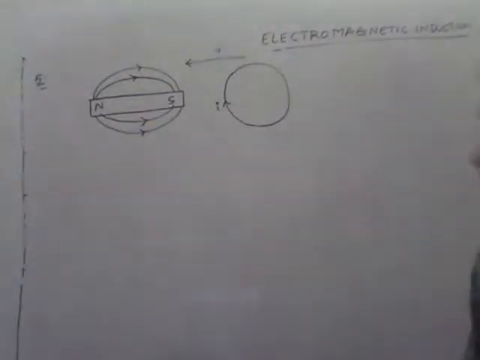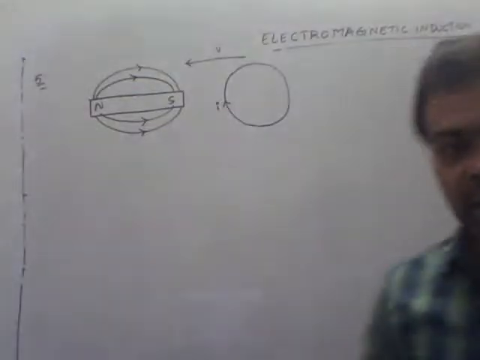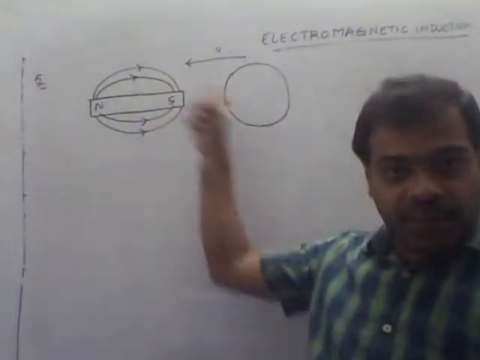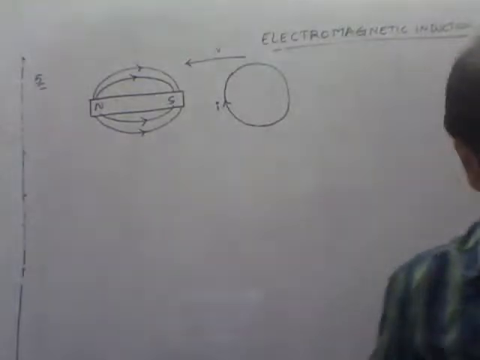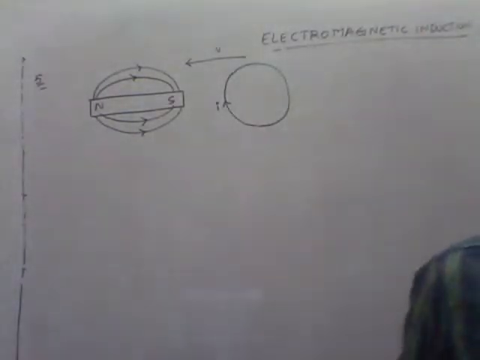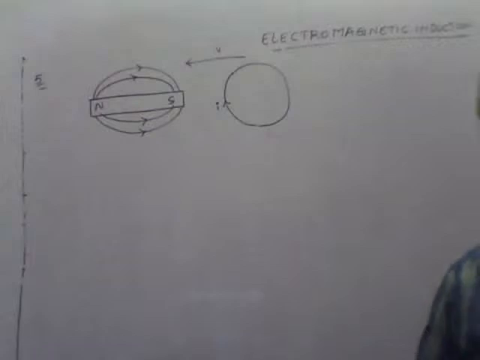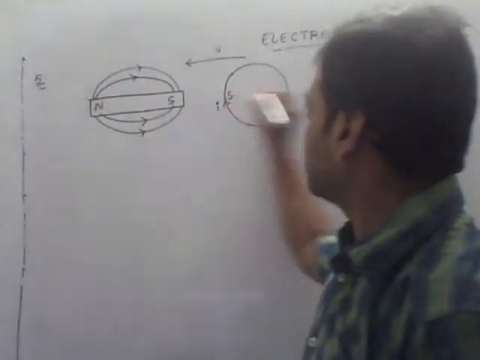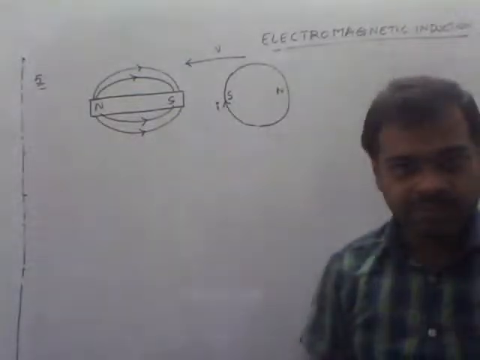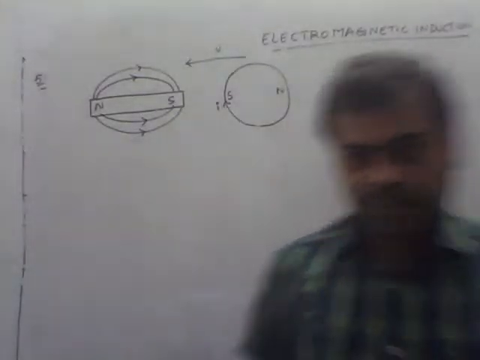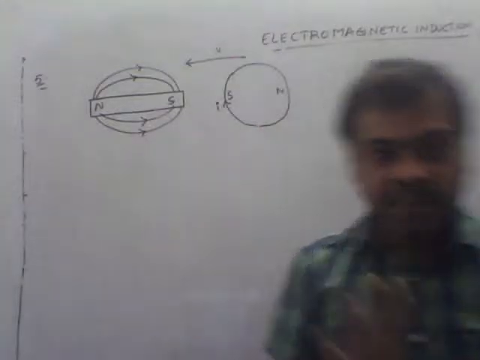Suppose here it is stationary. Whenever the coil is moving, the magnet will repel the coil. So whenever the magnet repels the coil, we should have like poles, south and then north, must be present.